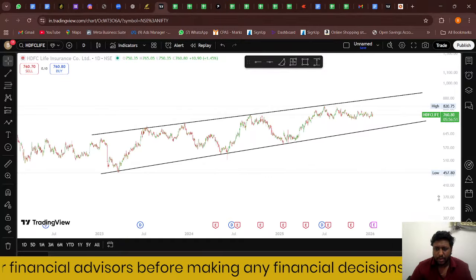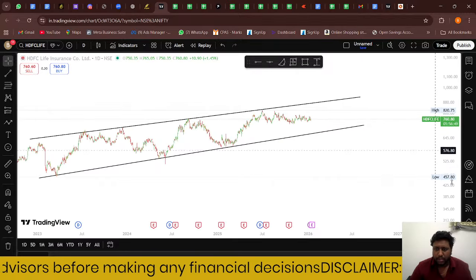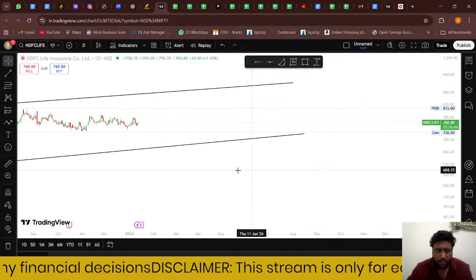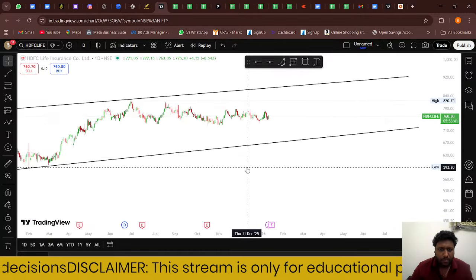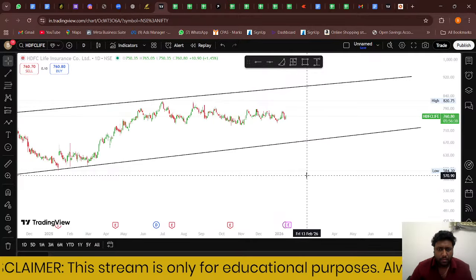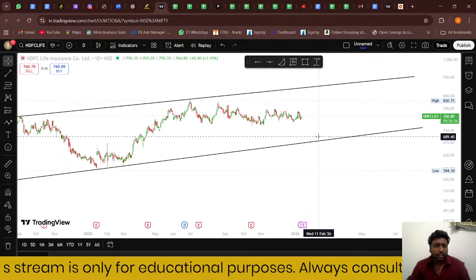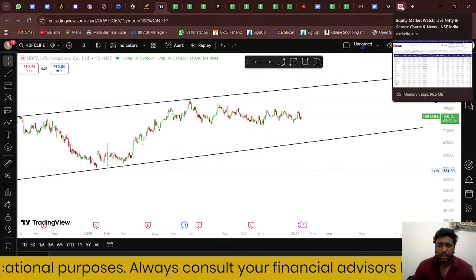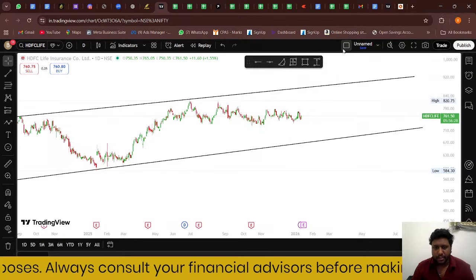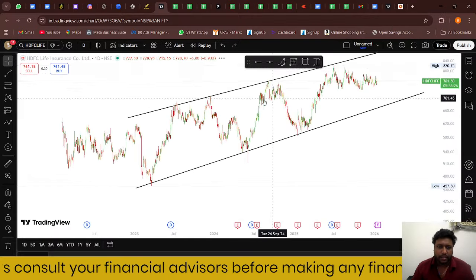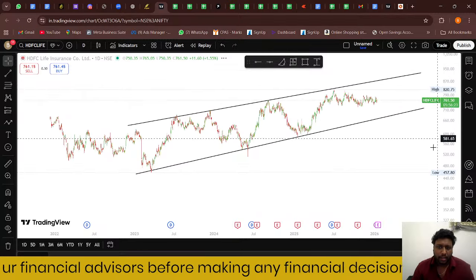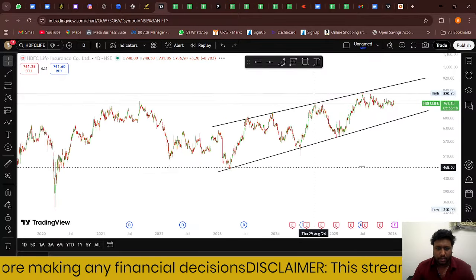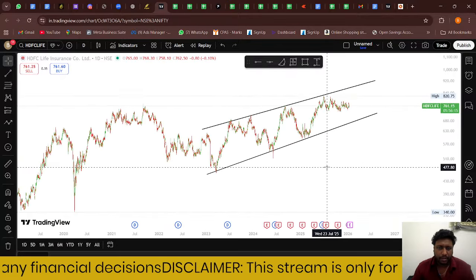Yeah, it is properly a channel only. If we get any chance over this particular level, we'll wait for that. I'll keep updating you guys. So it's running on a rising channel. If you see properly here, it's on a rising channel pattern. It's properly giving movement, testing the resistance and support properly.